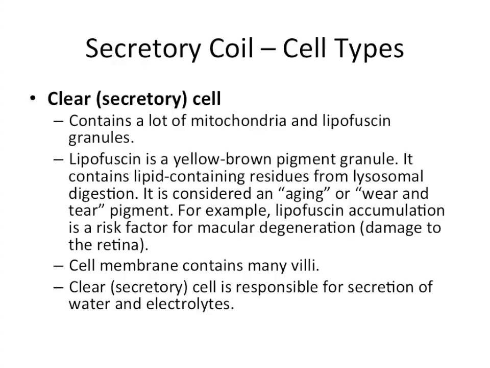Lipofuscin accumulates in the eye, and it accounts for macular degeneration, so damage to the retina actually. We see in the clear cells that the cell membrane contains many villi. These are those finger-like projection structures that you see. And this type of cell is responsible for secretion of water and electrolytes.